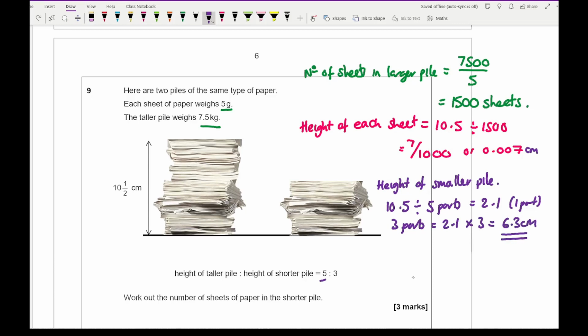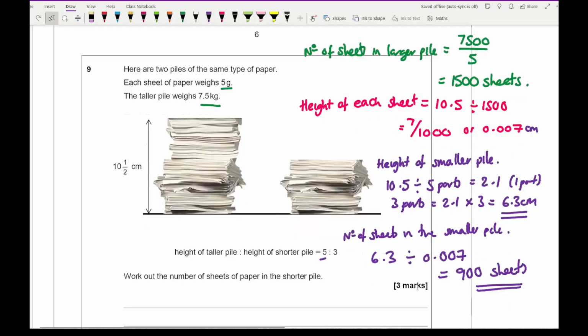Then from this, what I want to do is see how many sheets there are going to be. So the number of sheets in the smaller pile is going to be 6.3 divided by 0.007, and 6.3 divided by 0.007 gives me an answer of 900 sheets. And there's my final answer for question 9.